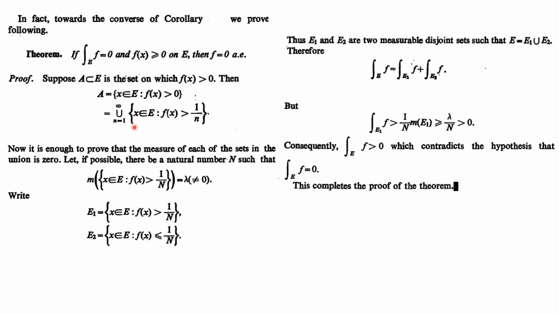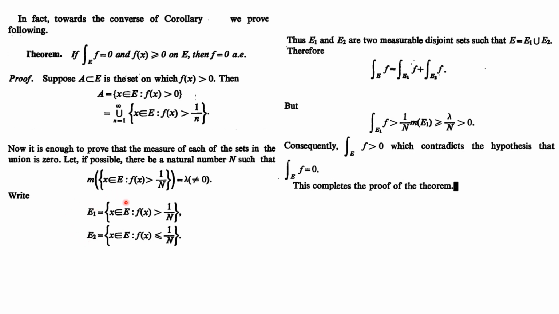So what we want to prove is that the measure of each such set is 0, the set of all those x belonging to E where the function is strictly greater than 1/n. Let, if possible, for some natural number capital N, this measure be non-zero, say it is lambda. So we can split the set E into two sets, E1 and E2.